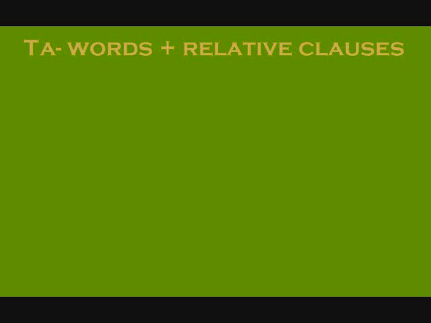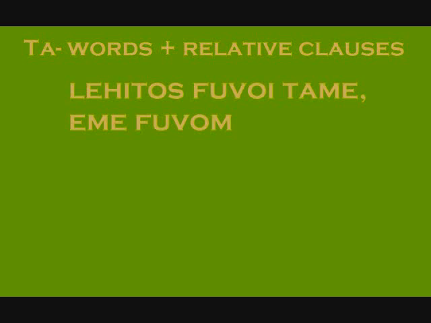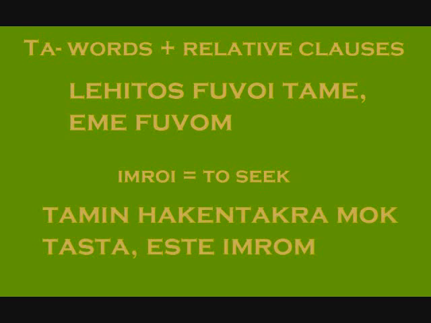For example, lehitos fuvoitame eme fuvom would mean I need to know what you know. Or if we define Imroi as to seek, then tamen haken Dakra moktasta este Imrom would mean that warrior is the person who you're seeking.